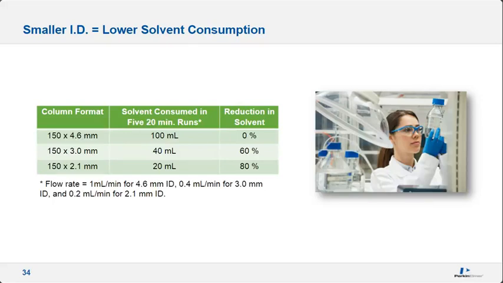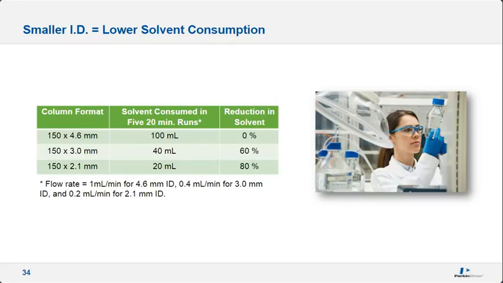However, if we reduce the column ID to 3 millimeters, we reduce the solvent consumption from 100 mL over 5 runs to 40 mL, or a 60% saving in solvent. Finally, if we reduce the internal diameter to 2.1 millimeters, the solvent consumed in 5 20-minute runs is 20 mL. This represents an 80% reduction in solvent.